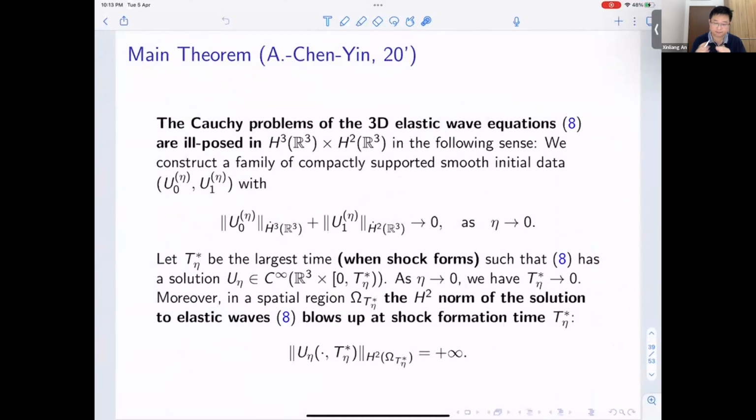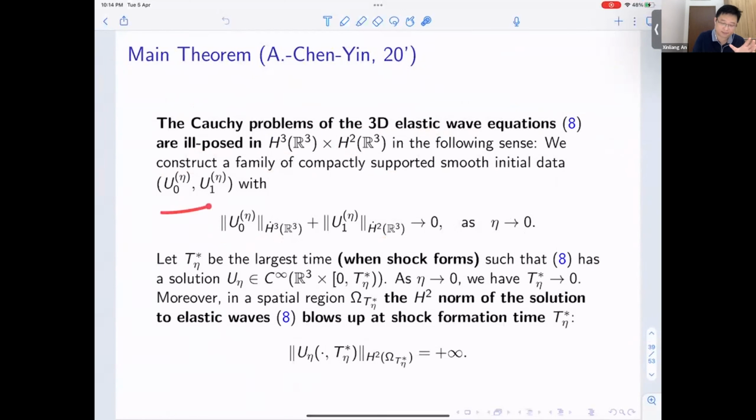Our results are the following. For the 3D elastic wave equation, we prove ill-posedness for H^3 times H^2 initial data in the following sense. We construct a family of compactly supported smooth initial data in the H^3 and H^2 norm.